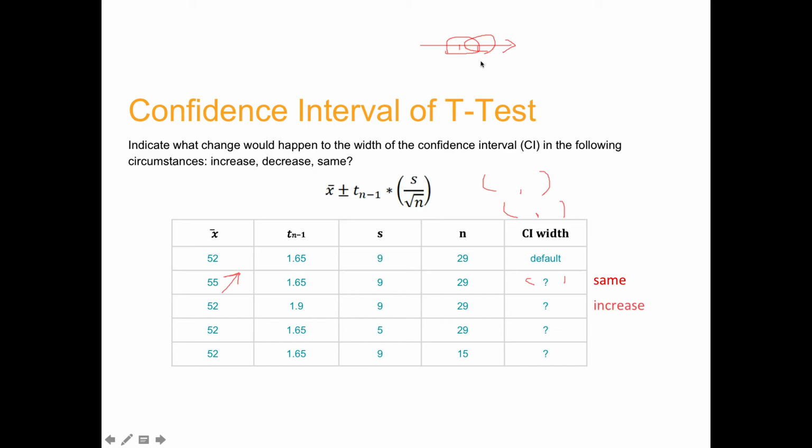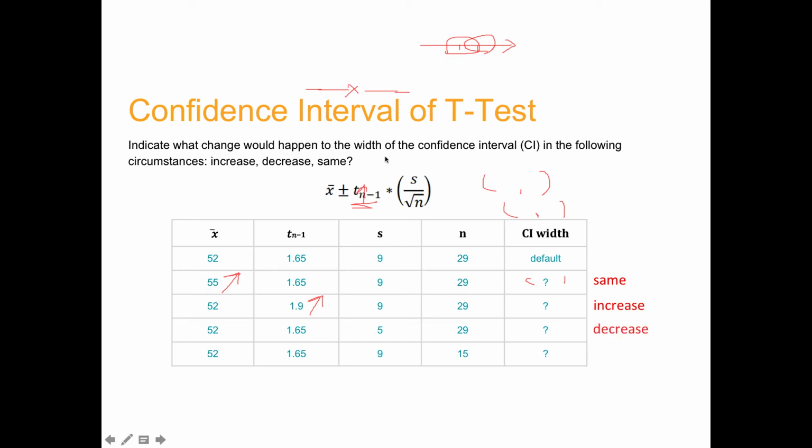And now for the next one. If t with n minus 1 degrees of freedom increases, what's gonna happen to the width of the confidence interval? It's gonna increase, because it's x plus or minus something, and if this one increases, that means it's gonna be wider.